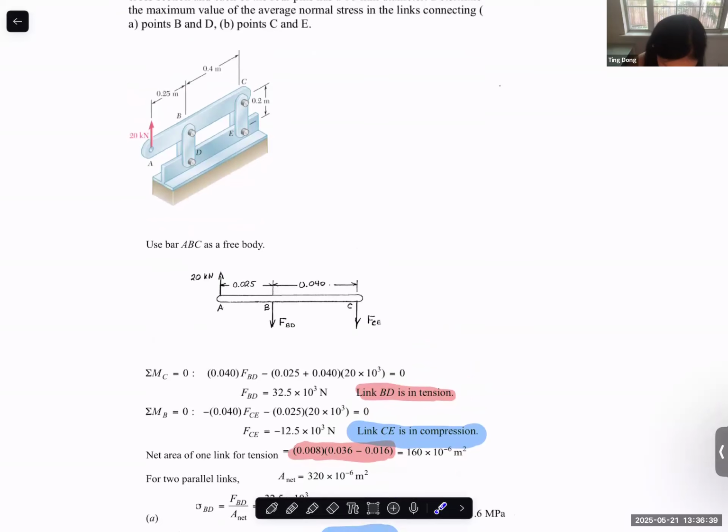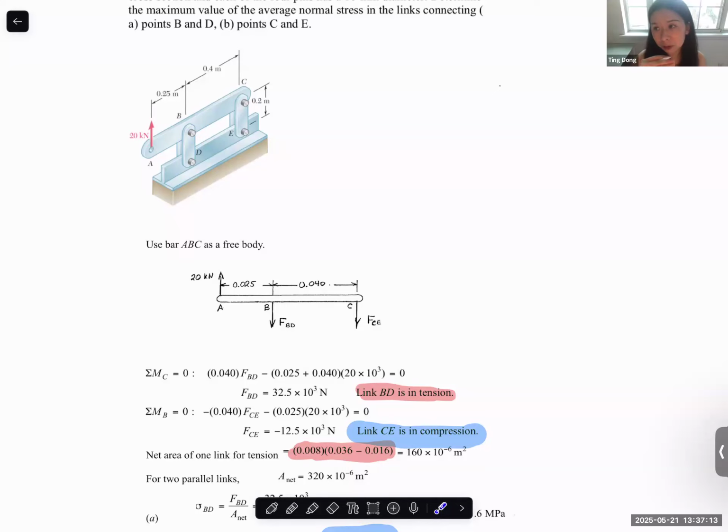For tensile, you should imagine that if there's a tensile force, it should be in the BD link. When it's in tension, do you agree with me that the contacting surface between the fastener and the inside half cylinder of the plate should be the upper part?